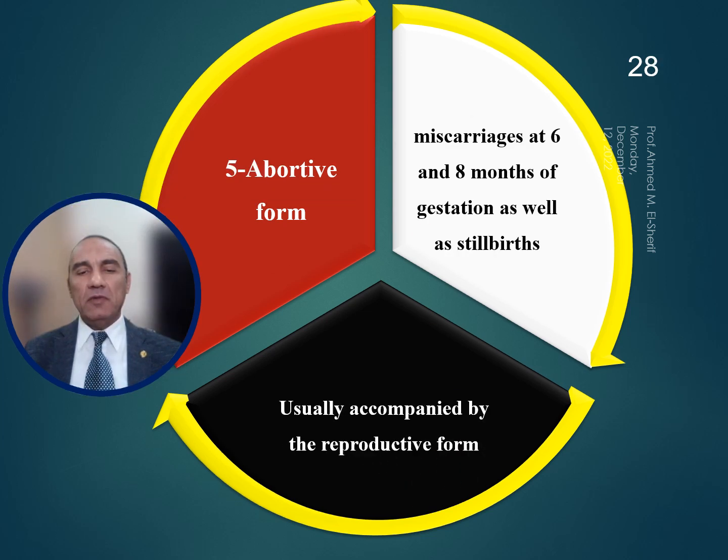The abortive form is the fifth form of infection by bovine herpesvirus 1.3 subtype, characterized by miscarriage at 6 to 8 months of the gestation period as well as stillbirths.